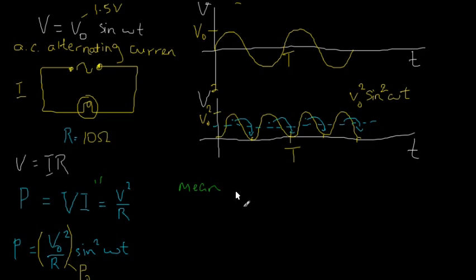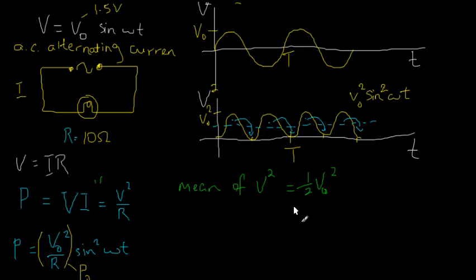So I'm just going to say the mean of V squared is equal to half of V0 squared, right, because V0 squared is the peak value. Remember, we did something very similar for the power in the last video, where I took half of the peak power.